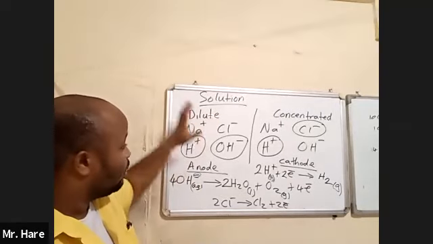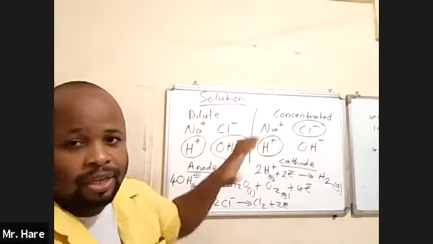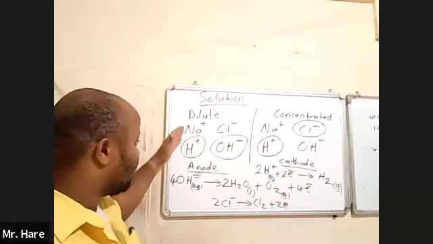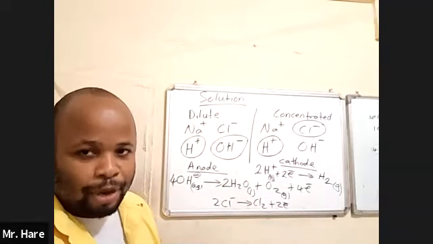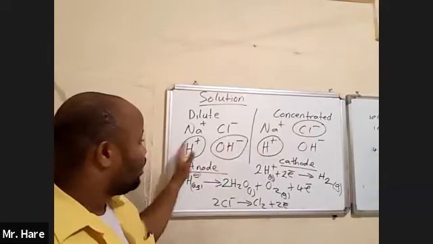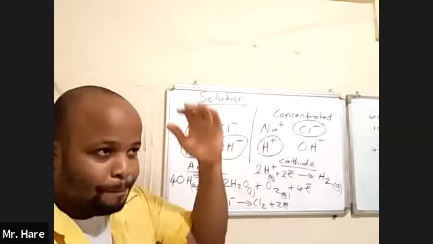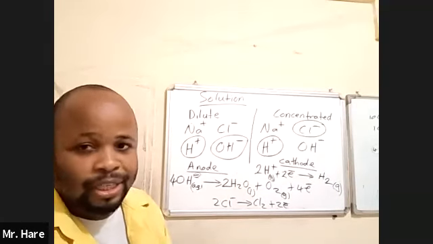Right, so hold on. When I'm talking about the dilute and concentrated, it only affects the negative ion. For the positive ion, we just look at the position in the electrochemical series. So the reason why hydrogen is taking part in both instances is because we're looking at the position in the electrochemical series.